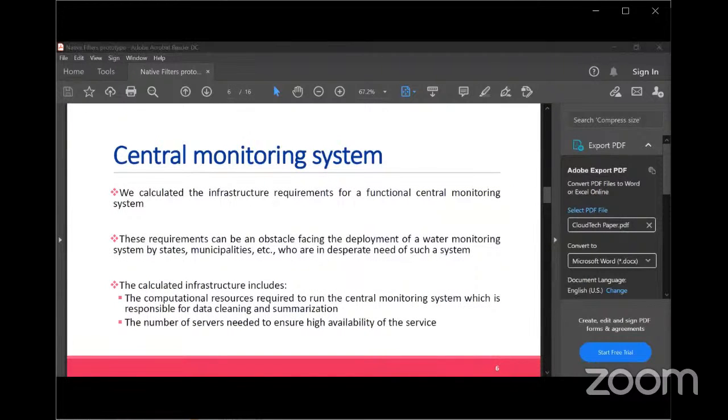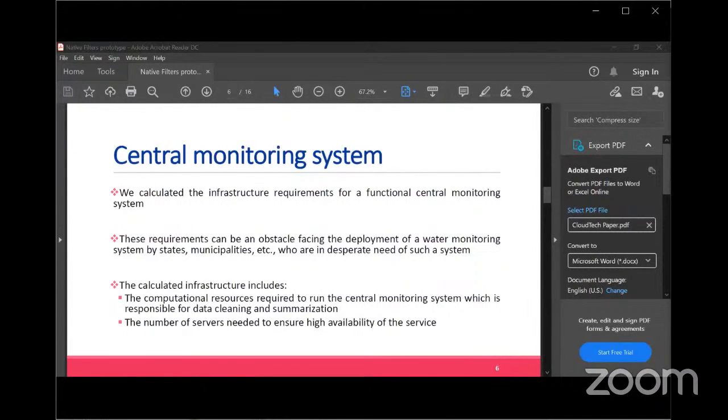So, in this work, we showed the infrastructure requirements for a functional central monitoring system. These requirements can be really a problem and an obstacle facing the deployment of a water monitoring system by states, NGOs, or private initiatives in developing nations who are actually in desperate need of such a system.